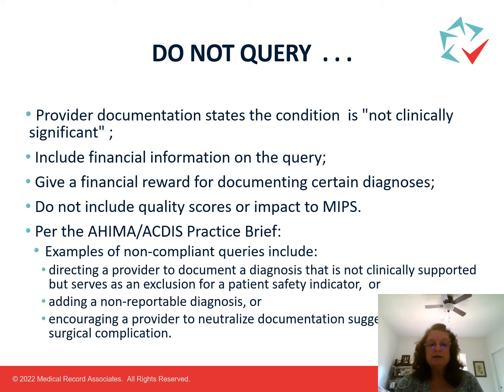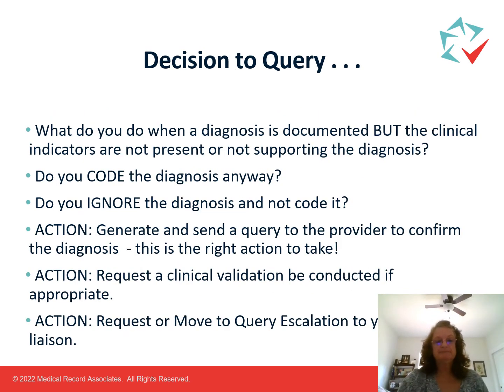Also, for quality indicator scores, do not include those or a MIPS, which is the outpatient physician scoring. And then utilize that AHIMA ACDIS practice brief. They give examples of non-compliant querying, and 3 of them are listed here for you, but go to the practice brief and review the whole content.